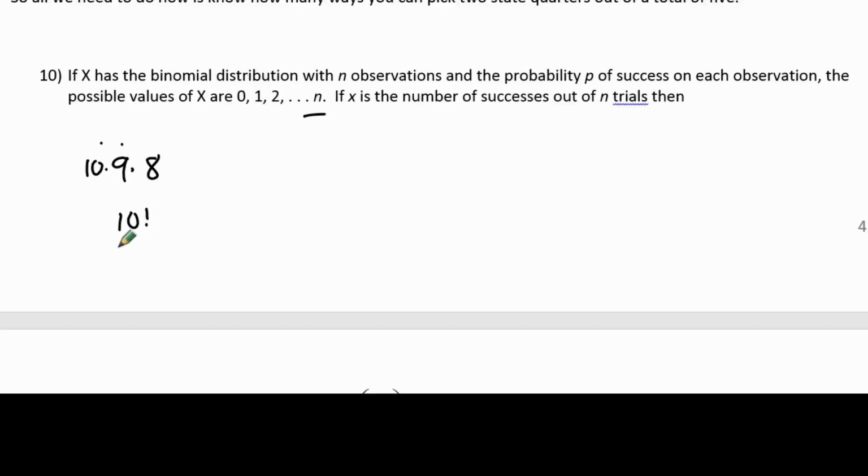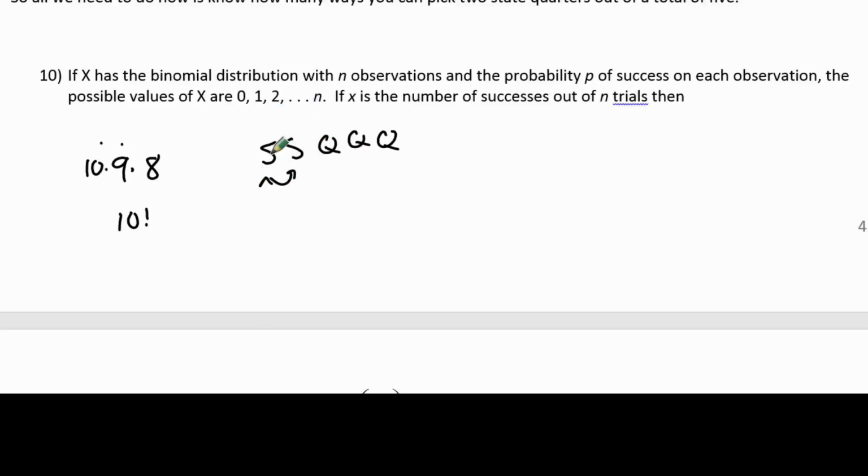Now the question is, when you saw this before, some of them, like between the states and the quarters, if I have state, state, quarter, quarter, quarter, okay, sure, that's a lowercase q for some reason, quarter. If I rearrange these two states, it doesn't really matter too much. So that was called a combination, right? First one's a state, second one's a state. Doesn't matter if this happens to be the green state quarter and this ends up being a pink state quarter, because they're all just quarters, right?